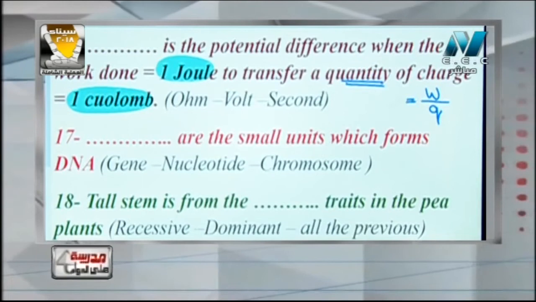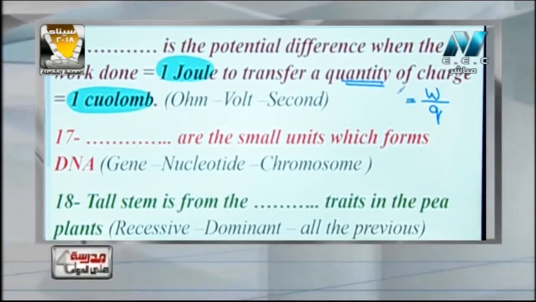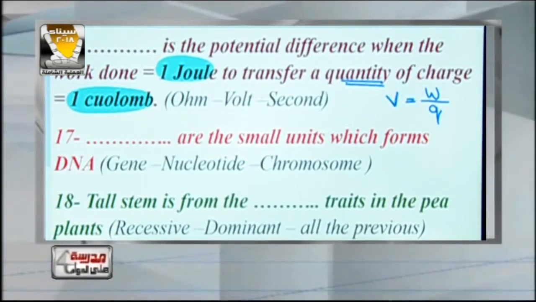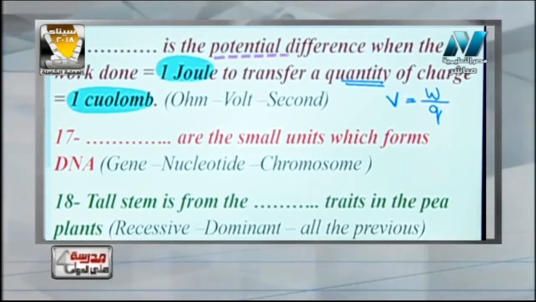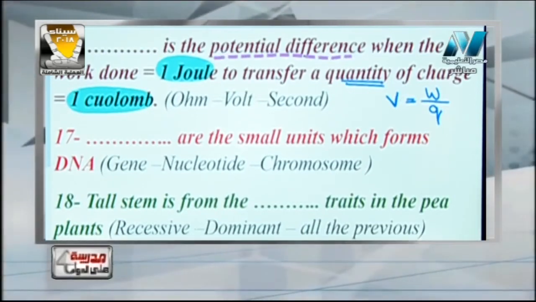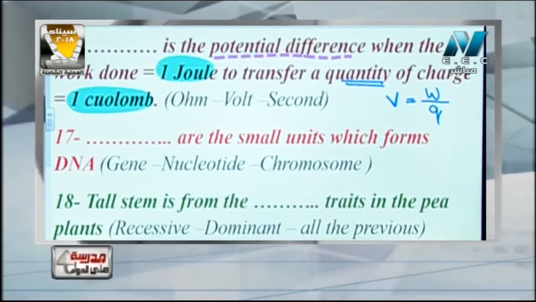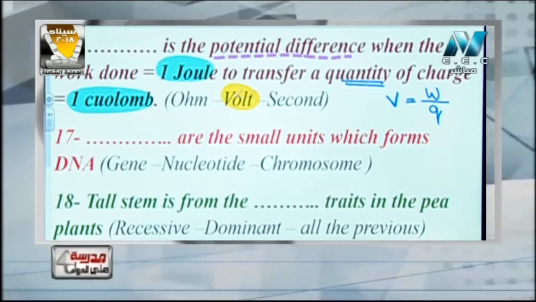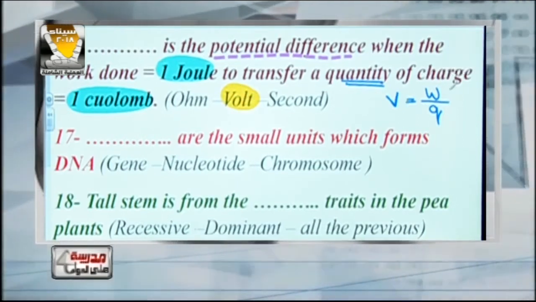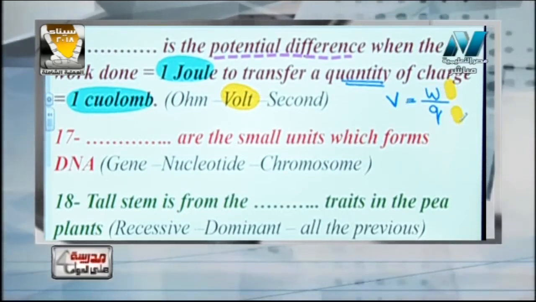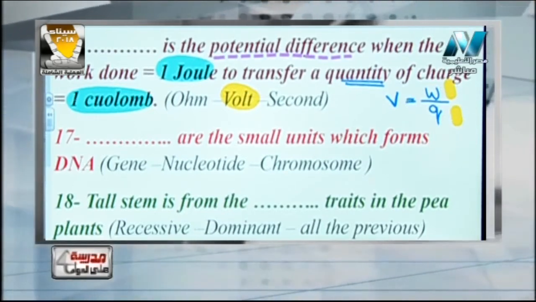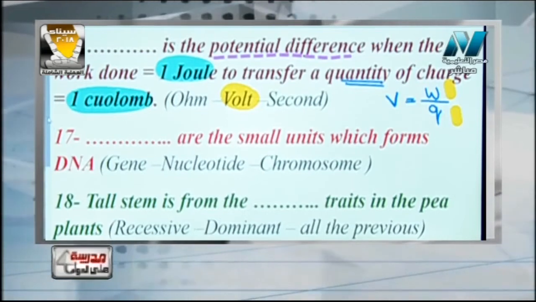So here we talk about a potential difference. But in the question, we have a potential difference. So we will write what? The measuring unit of the potential difference as volt, because 1 volt equals 1 joule over 1 coulomb.